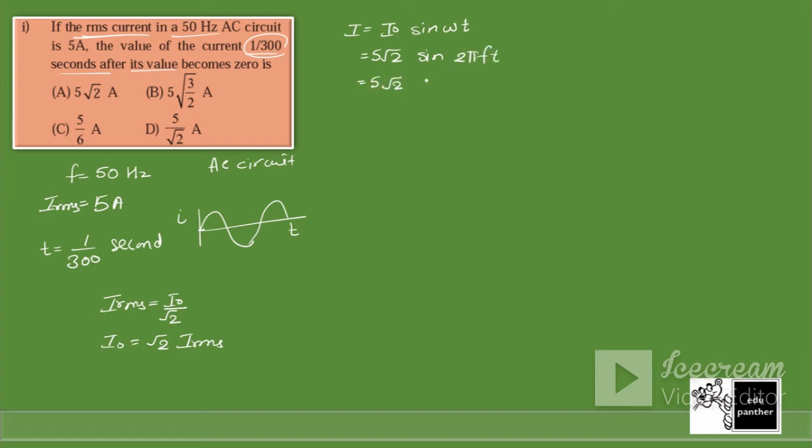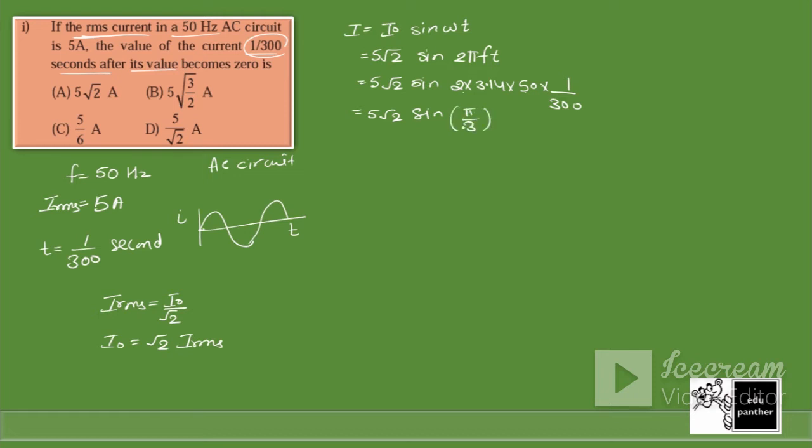So 5 √2 sin of 2 into 3.14, that is pi, frequency 50 Hertz and time 1/300 seconds. Leave pi as it is. Here 50 into 2 over 300 will simply be pi by 3.